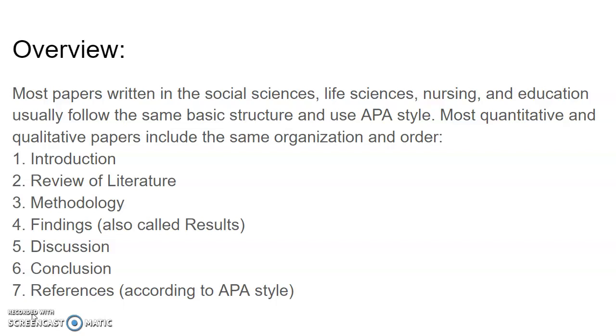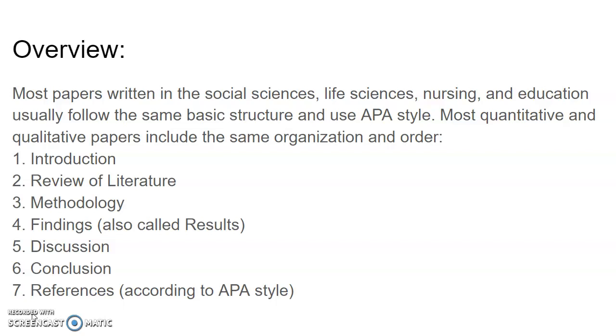Instead, you're going to have designated sections to explain concisely but accurately what it is you want to say. So, your 7 sections, references included, are the intro, your literature review, the methodology, findings, discussion, conclusion, and then references. All of these things are going to be separated by headings.